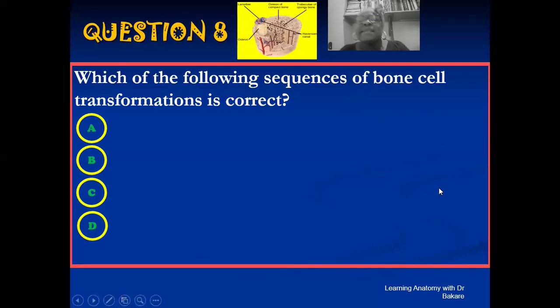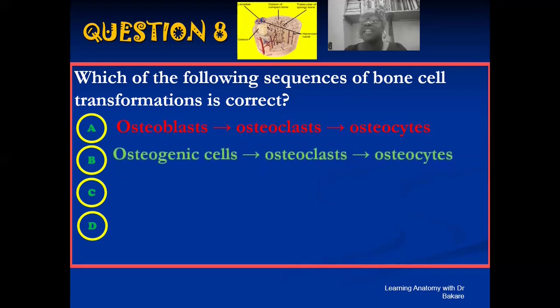The eighth question reads: which of the following sequences of bone cell transformations is correct? Is it from the osteoblast to the osteoclast, then to the osteocytes? Or is it from the osteogenic cells to the osteoclast, then to the osteocytes? Or is it from the osteogenic cells to the osteoblast, then to the osteocytes?